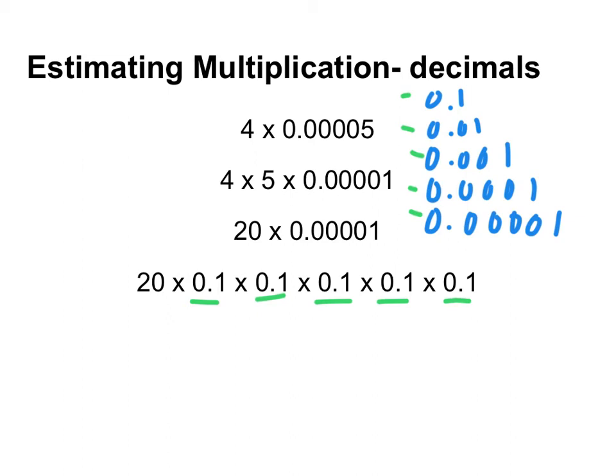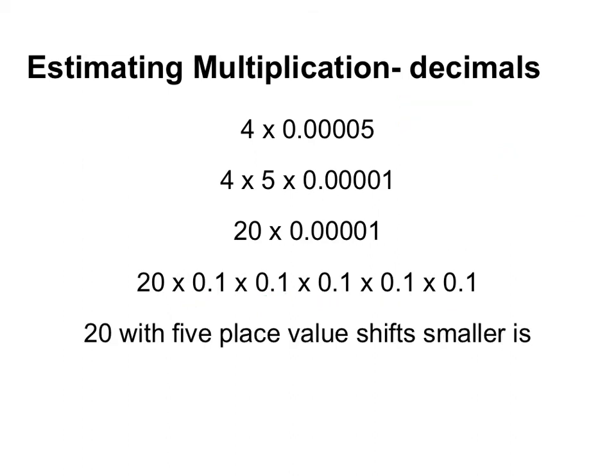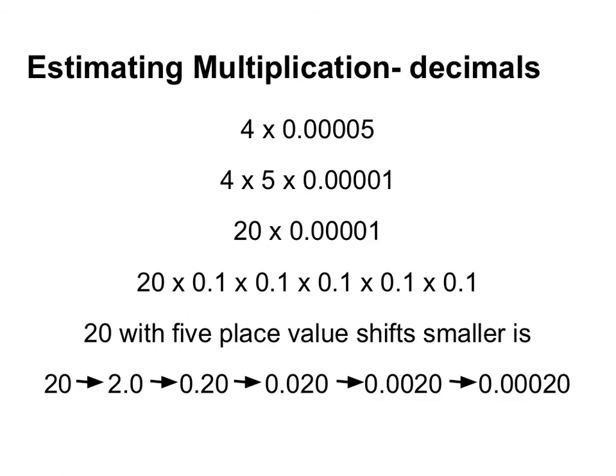So I'm taking 20 and I'm shifting it 5 place values smaller. So again, I'm going to show you the shifts. 20, 1 shift smaller, another shift smaller, 3, 4, 5 shifts smaller. Looking at the 2 starts in the tens place.